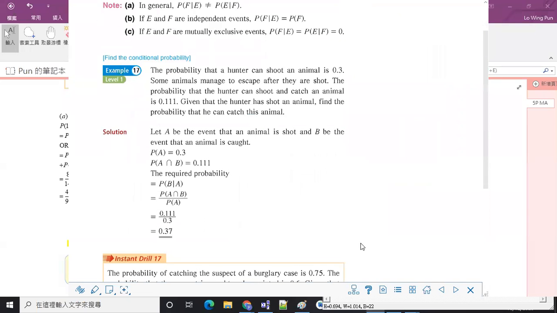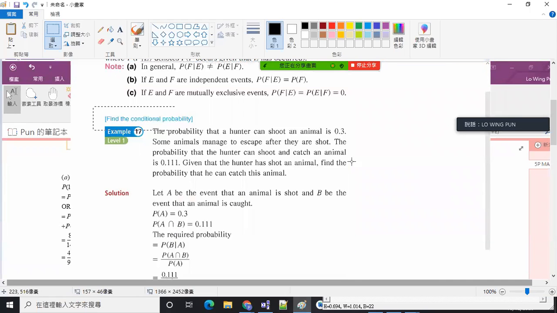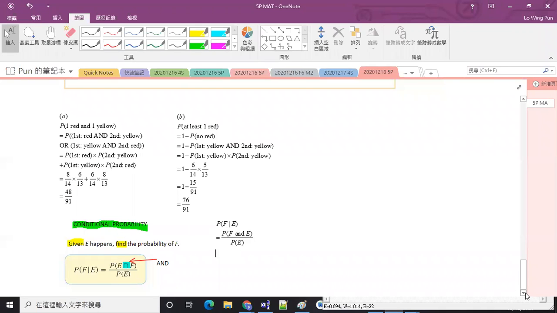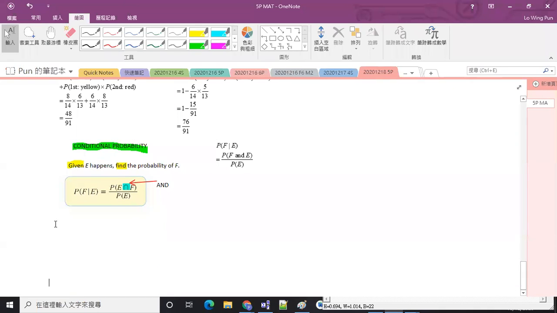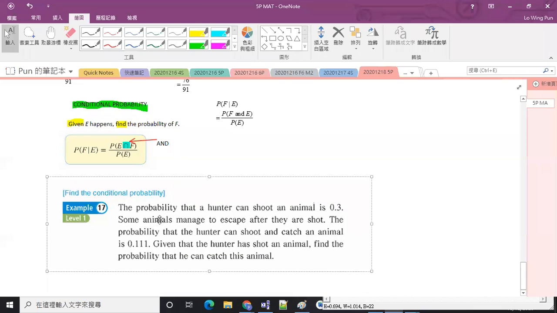Example 17. The probability that a hunter can shoot an animal is 0.3. Some animals manage to escape after they are shot. The probability that the hunter can shoot and catch an animal is 0.111.